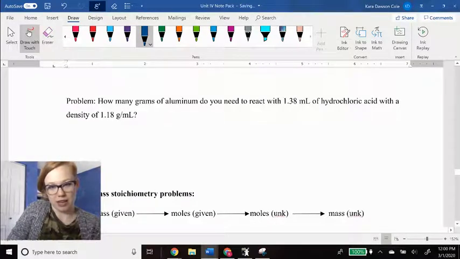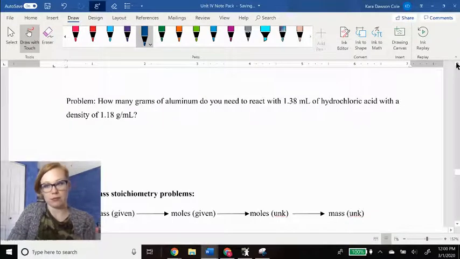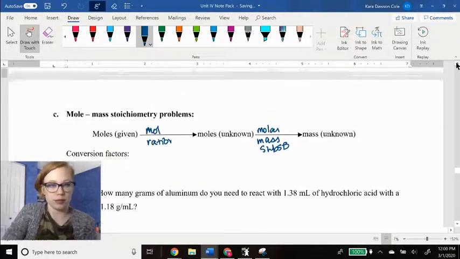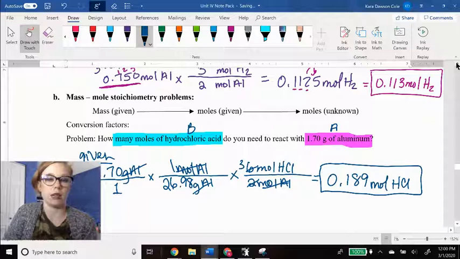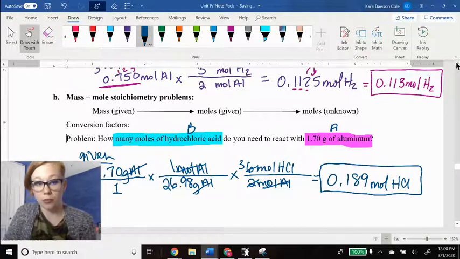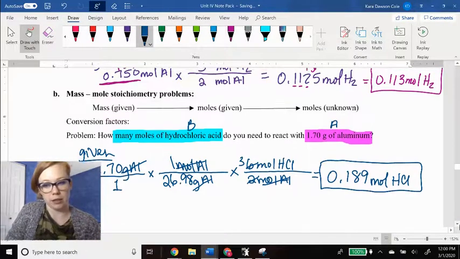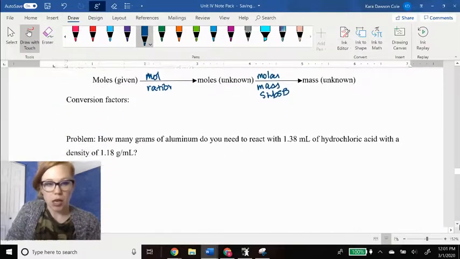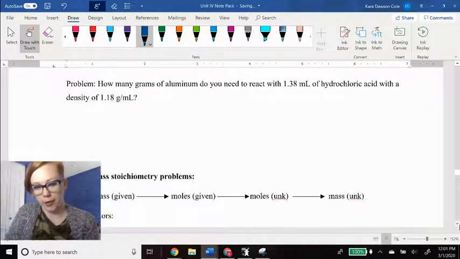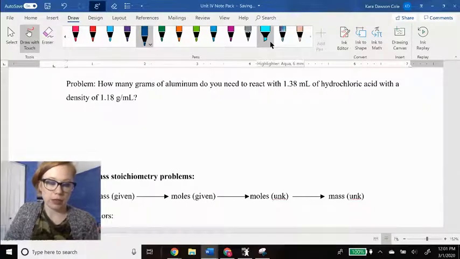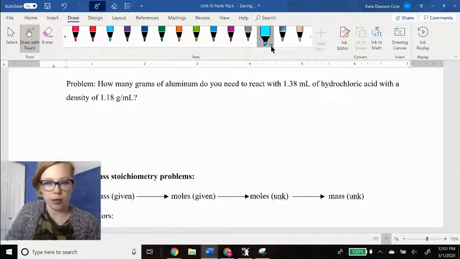I didn't actually give you a mole to mass to mole problem here, but C is very similar to B. For mass to mole, you're mainly in substance A, and for mole to mass, you're mainly in substance B. But let's look at this problem, because it's a little different: we've got volume and a density, and we're looking at how many grams of aluminum I need. So this isn't actually an example for mole to mass, but that's okay.